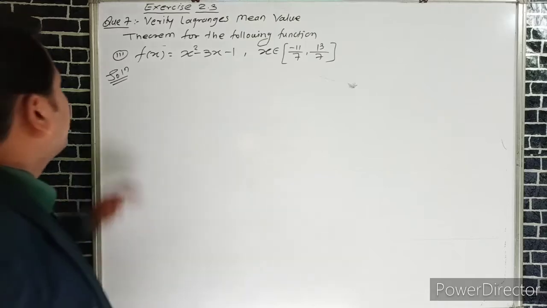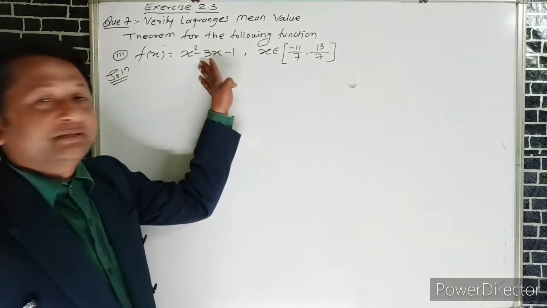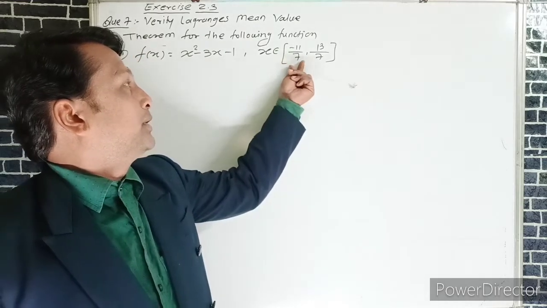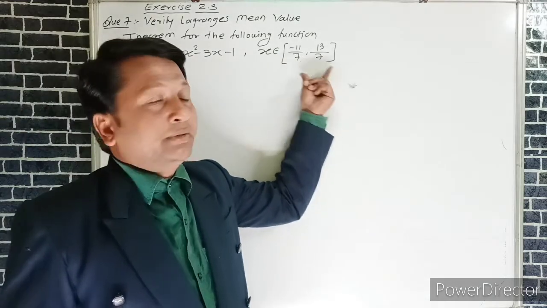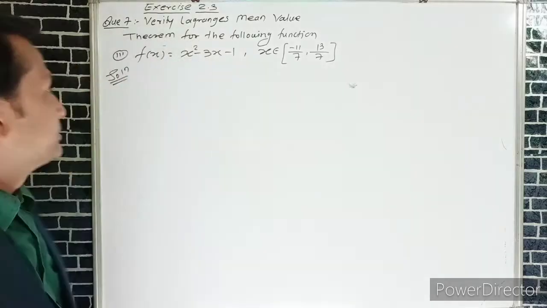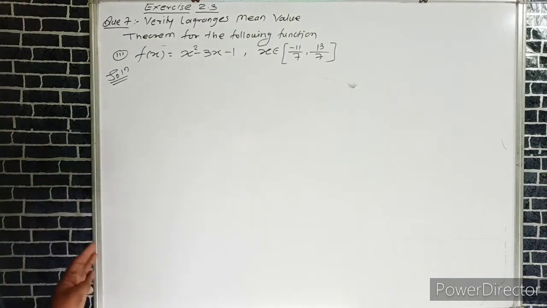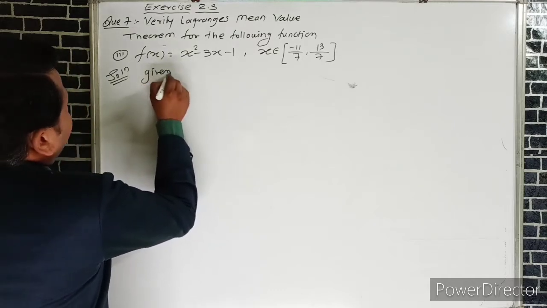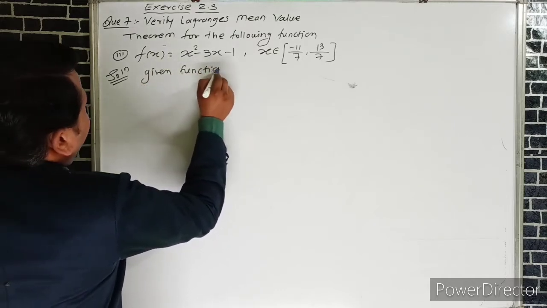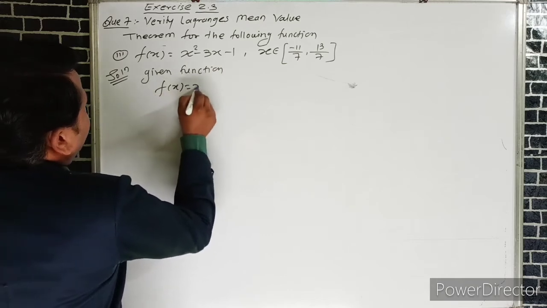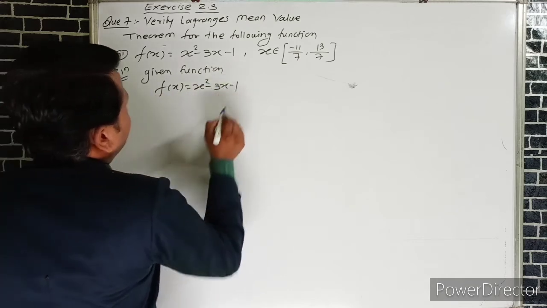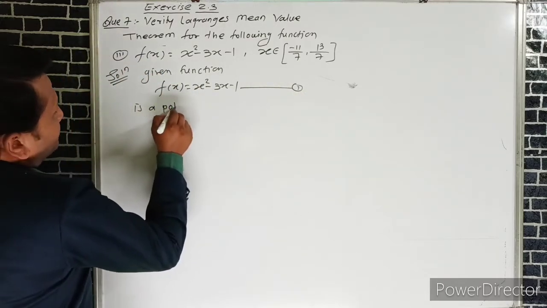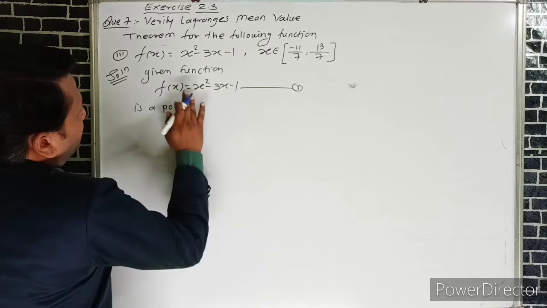So the next example number 3, f of x is equal to x square minus 3x minus 1, and x belongs to the closed interval with the value of a which is minus 11 by 7 and the value of b which is 13 by 7. So now we take the given function, f of x is equal to x square minus 3x minus 1, which is a polynomial function.